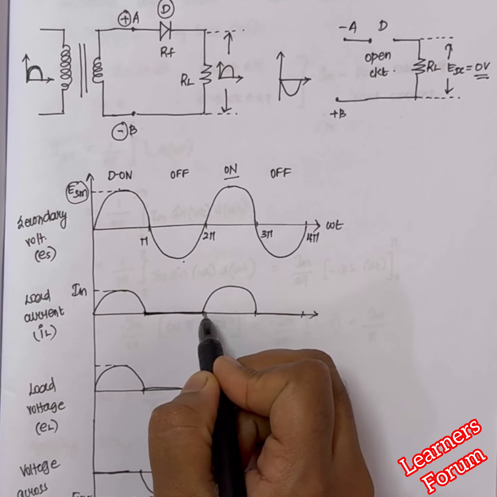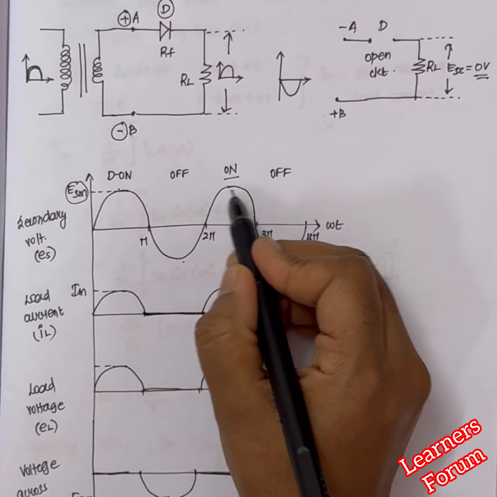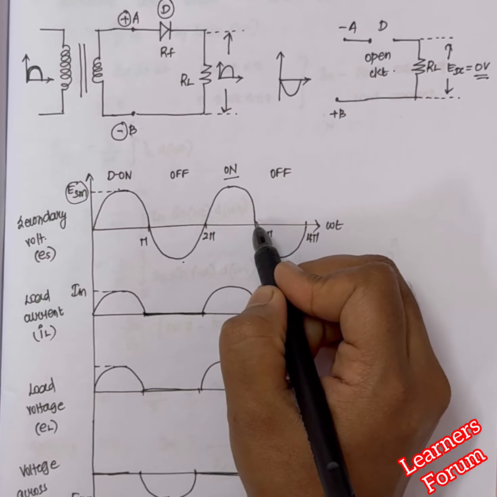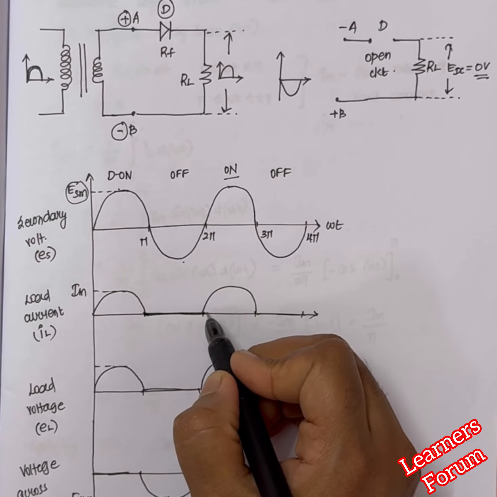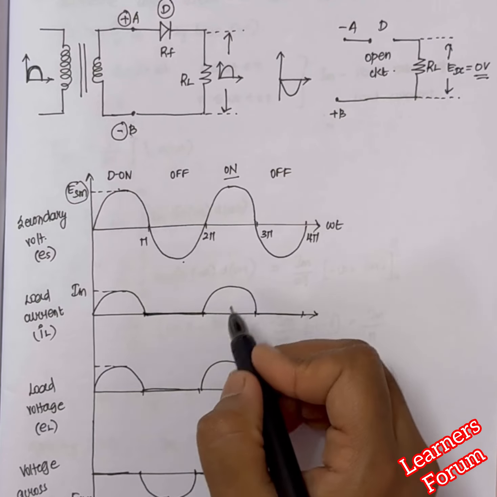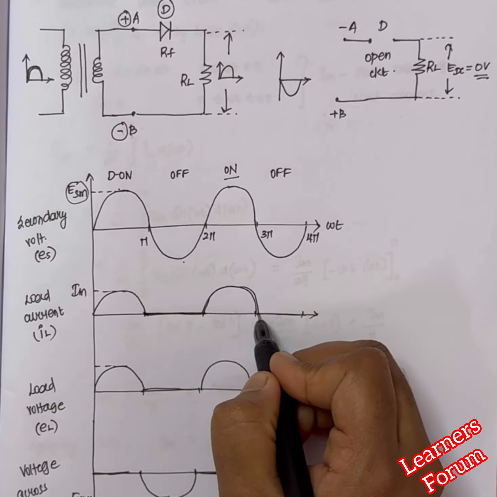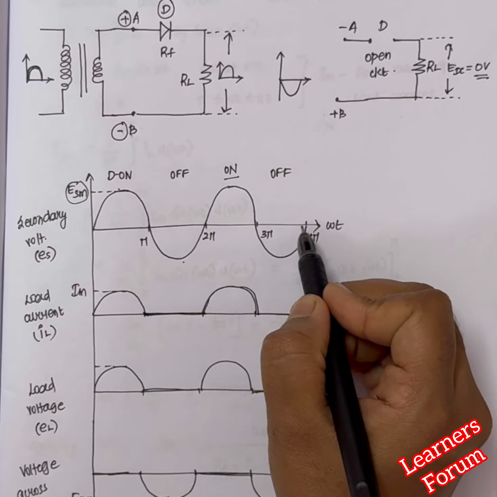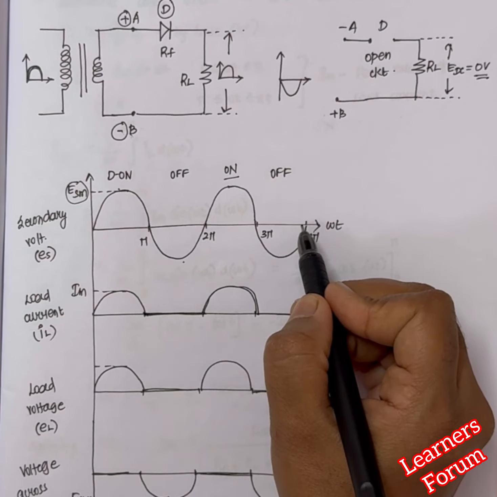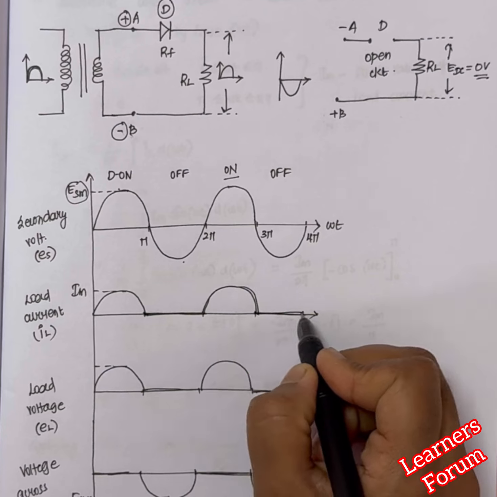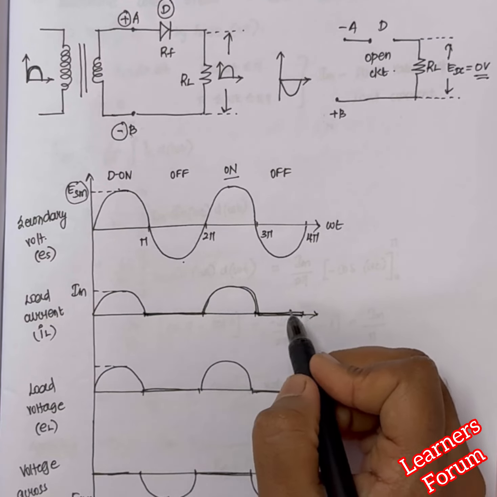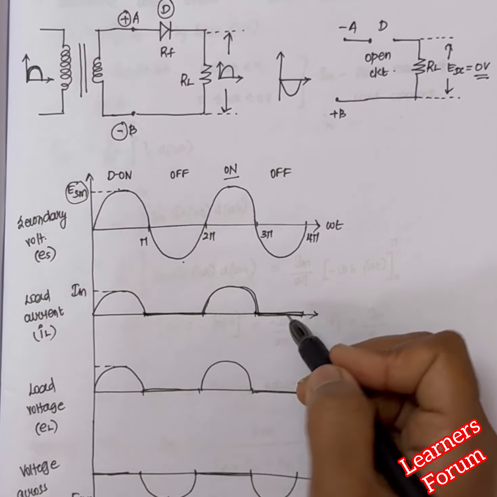So it will be just a straight line. And again we have a positive half cycle for which the diode conducts, so we will get the same amount of signal. So there will be a positive signal, and when it is in the negative half cycle, again open circuit condition, so we will get a 0 value represented by a straight line.